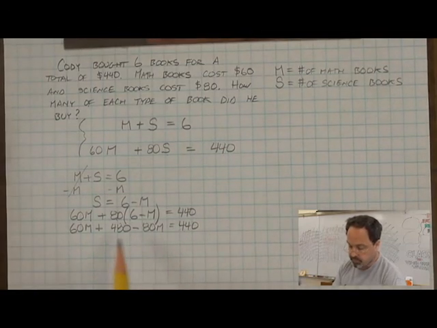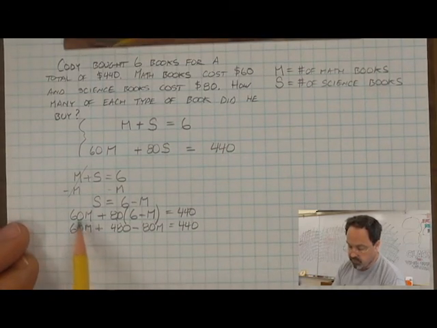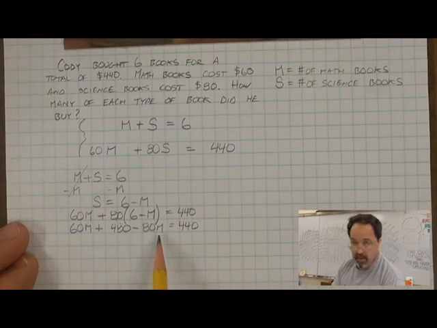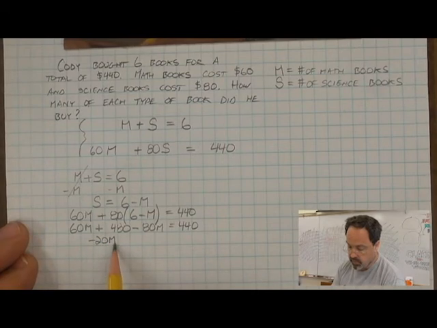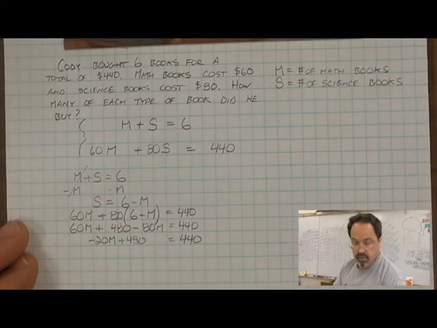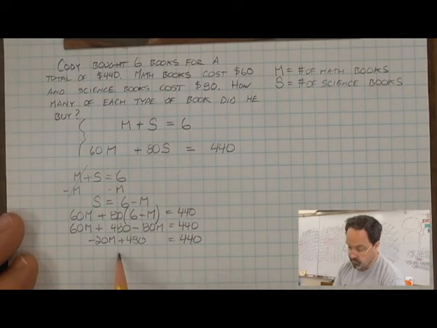Next line of work, I can see that I have 60m and negative 80m. Those are like terms. I can combine them into negative 20m plus 480 is still equal to 440. Next thing I'm going to do is I'm going to subtract 480 from both sides.